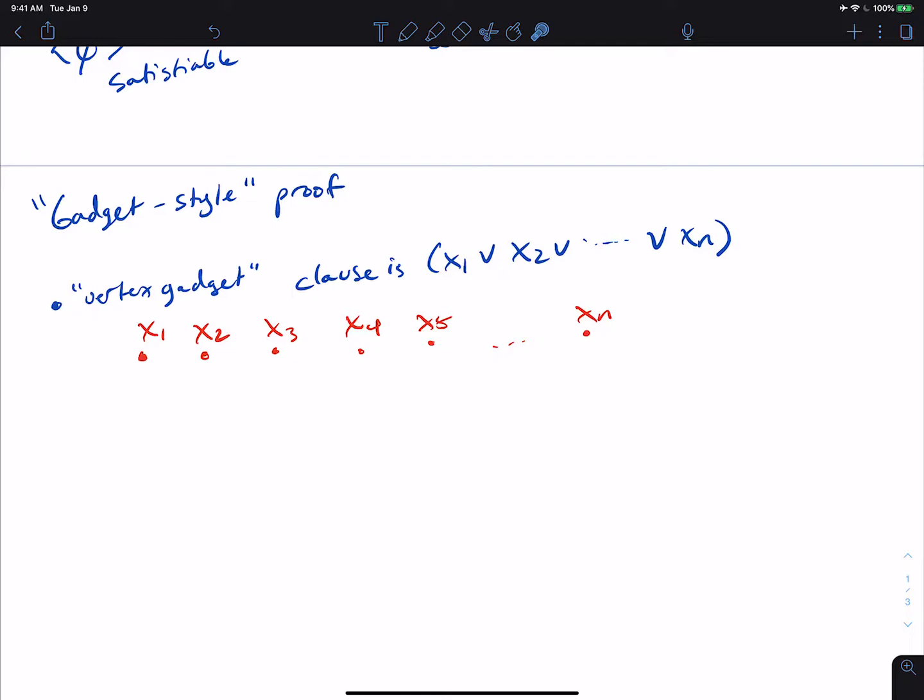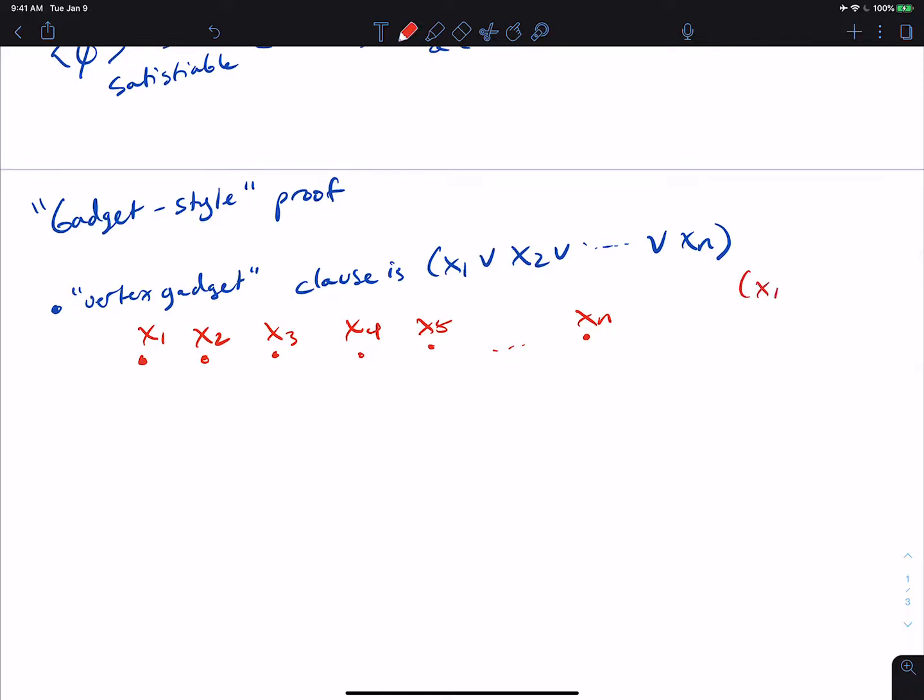So if we had x1 or x2 or x3, then we're going to make 3 vertices: x1, x2, x3. And if we have another clause, which say happens to have an x1 in it, we're going to have another copy of that variable x1. So in general, we could have many copies of the same vertex appearing in this graph.